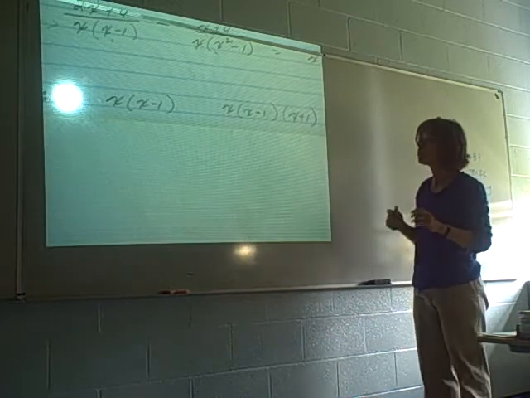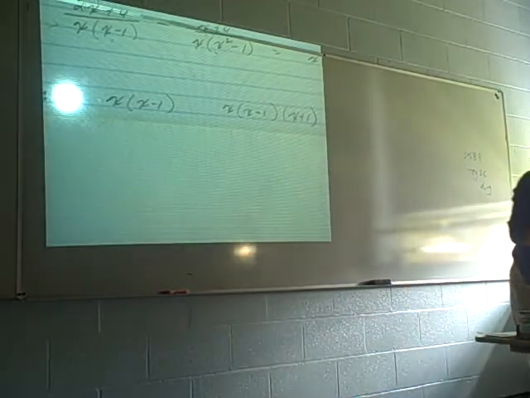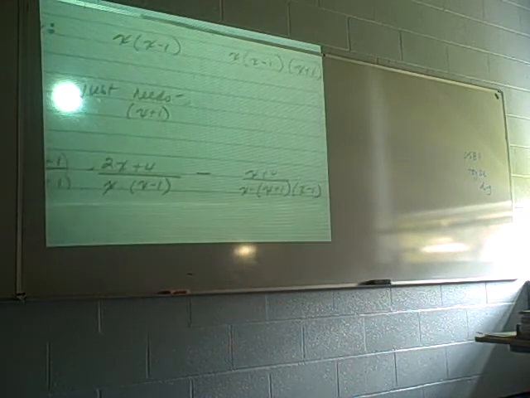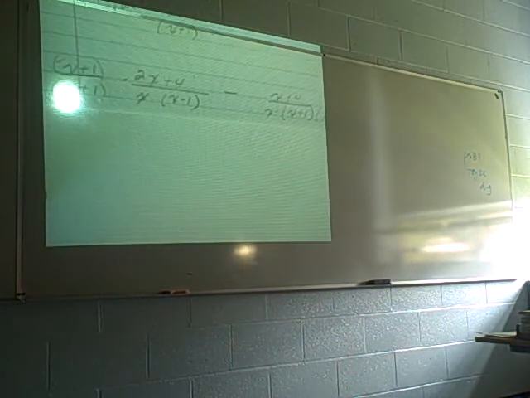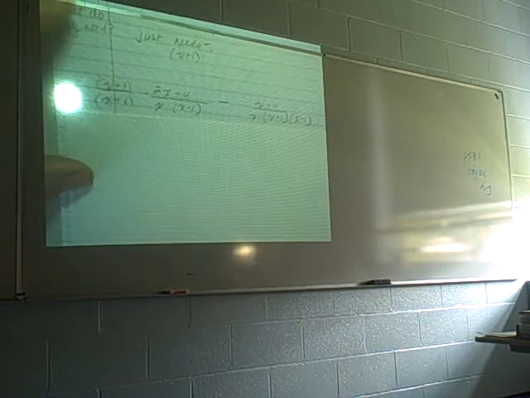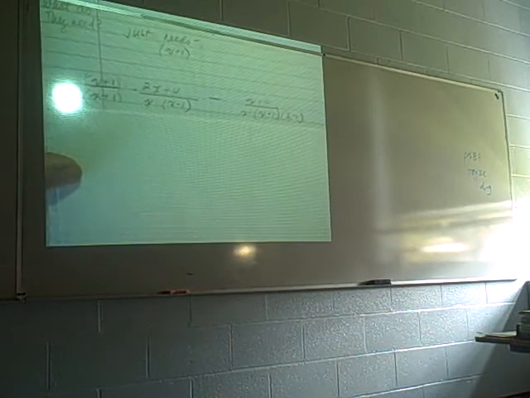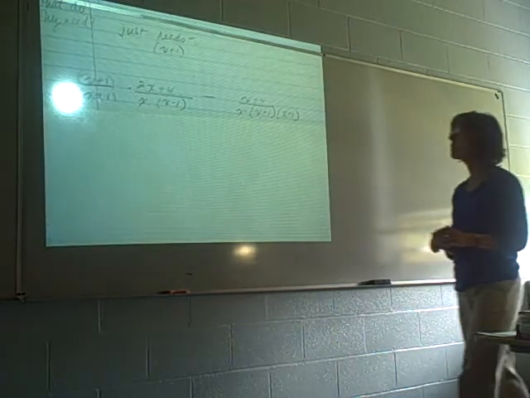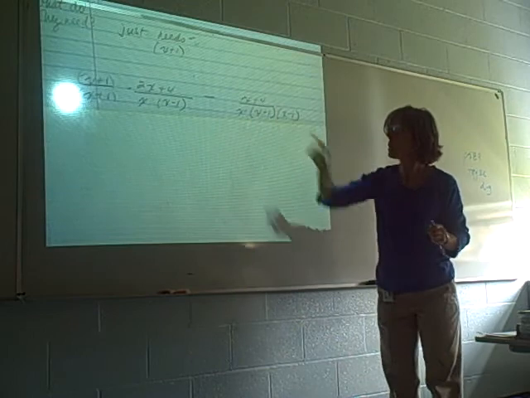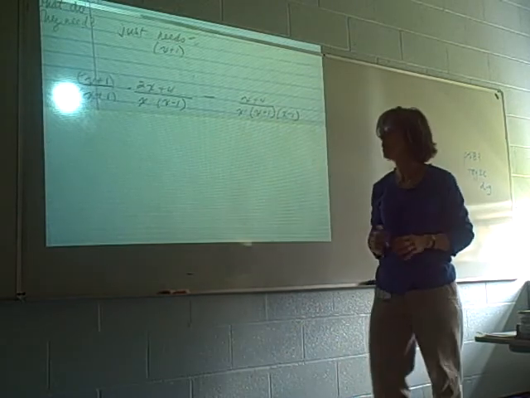Okay, I'm just going to multiply that other side. So I just need that. Do I have to do anything to this side then? No, just have to multiply that side.